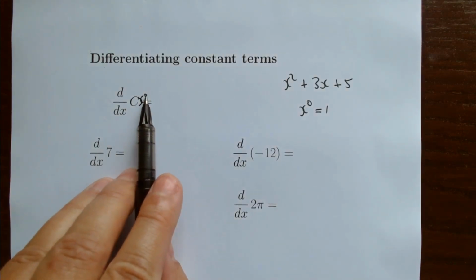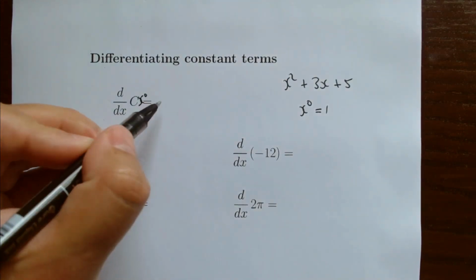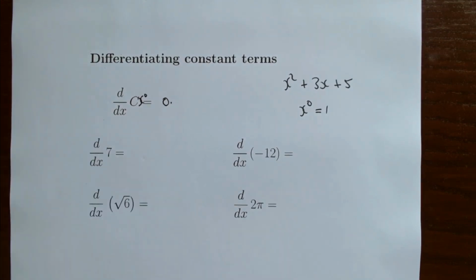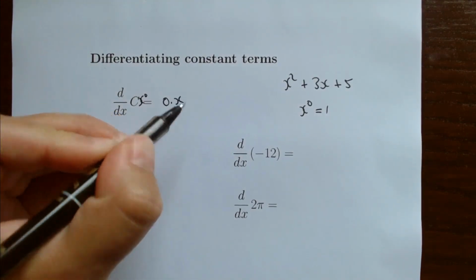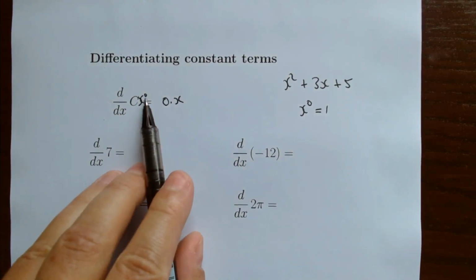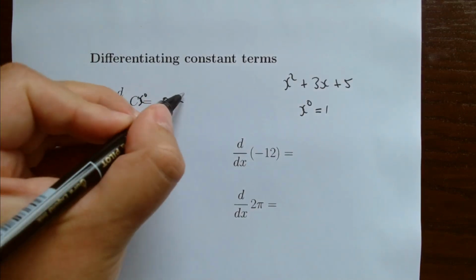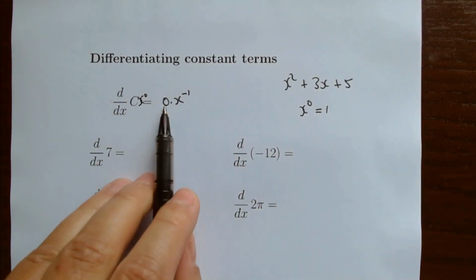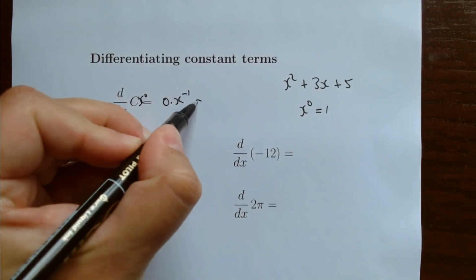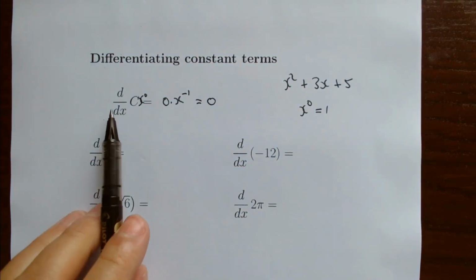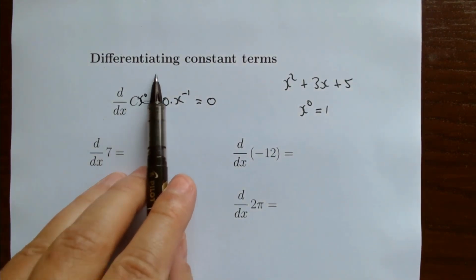The 0 comes down, multiplies the c to give you 0, times x, and then you minus 1 off the power, so that becomes a minus 1. But now 0 times anything is always 0. So the derivative of any constant is always 0.